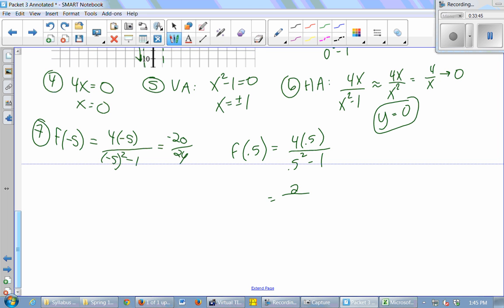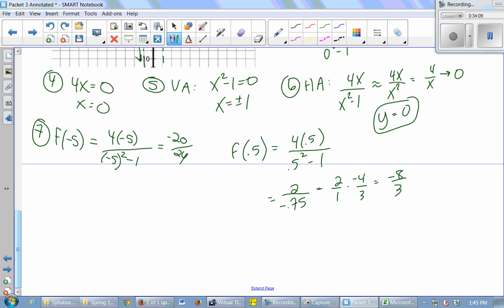So that's 2 over -3/4, which is 2 over 1 times 4 over 3, -8/3, almost -3. You can just use your calculator to get that number.